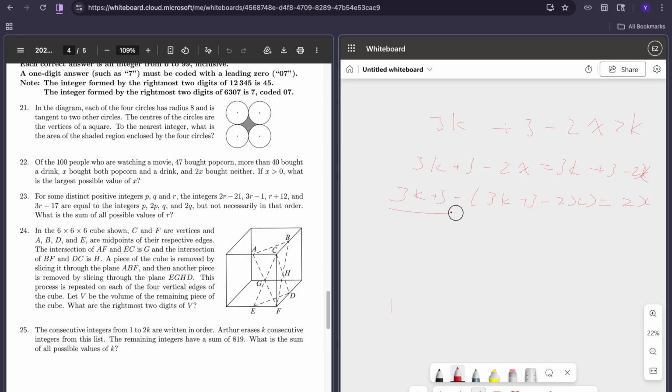This part can be simplified to 3 times k plus 1.